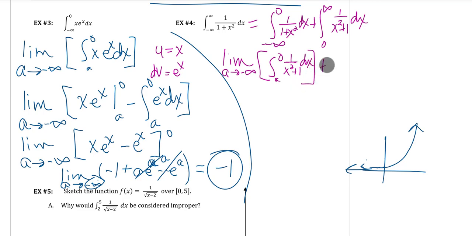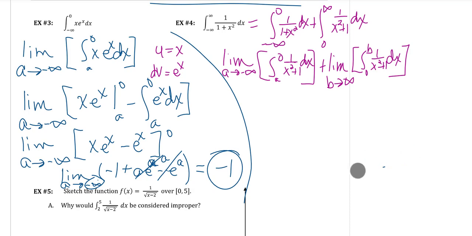And then I'm going to add to it the limit as b approaches positive infinity of the integral from 0 to b of 1 over x squared plus 1 dx. Okay, so what I did is I took an improper integral with both boundaries infinite and made it into two integrals, each with a separate boundary, and now I can use my limit definition for that.